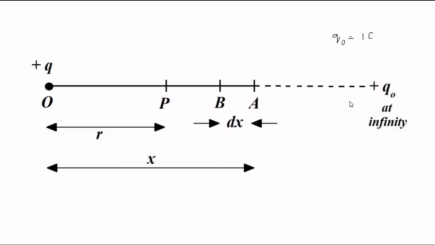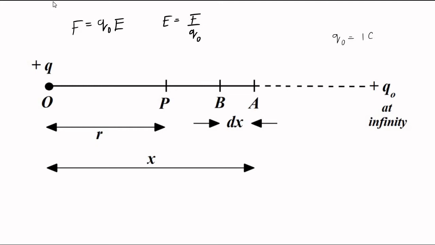So the force acting on this test charge is F equal to Q0 E, because E is equal to F by Q0, where F is the Coulombic force, Q0 is the test charge, and E is the electric field.